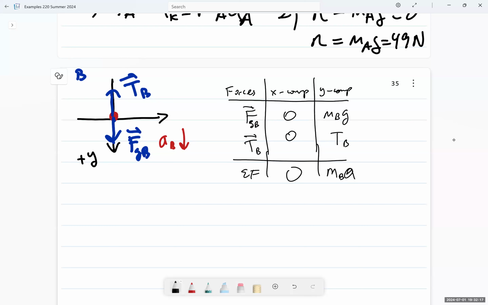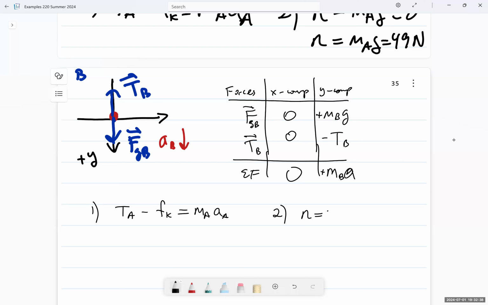All right, so remember, I already had equation 1, which was tension A minus kinetic friction equals mass of A times acceleration of A. I had equation 2, that the normal force is equal to mass of A times G, which was 49 newtons.